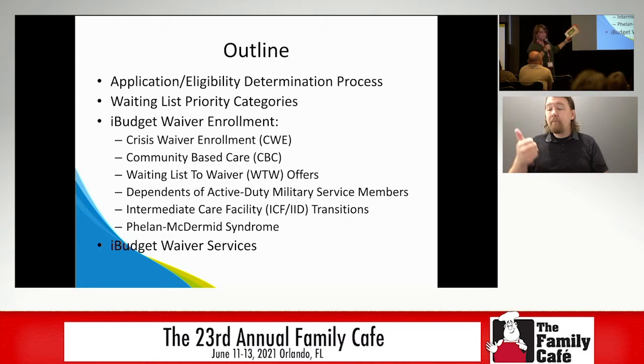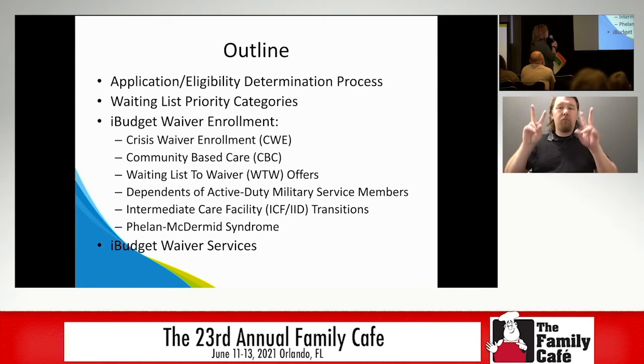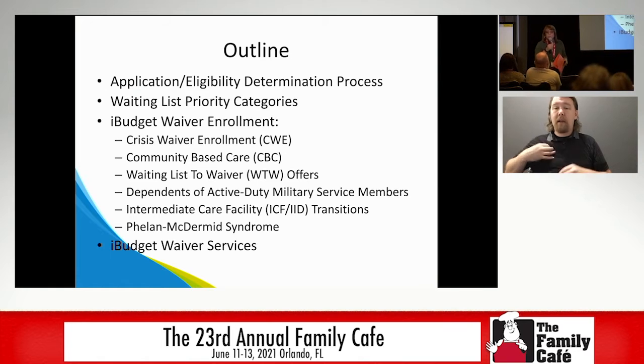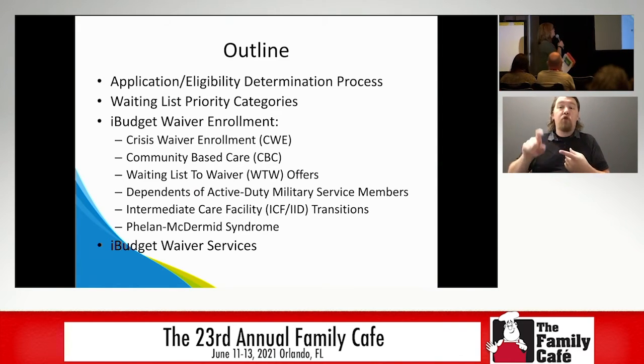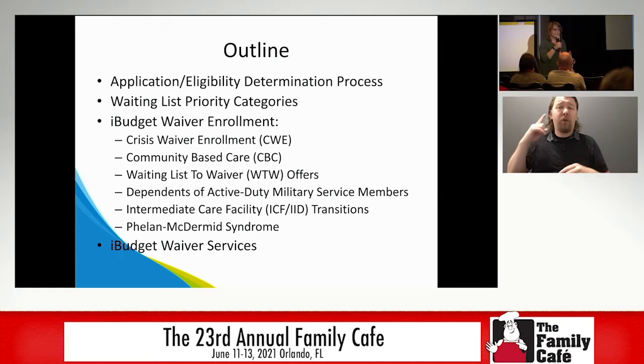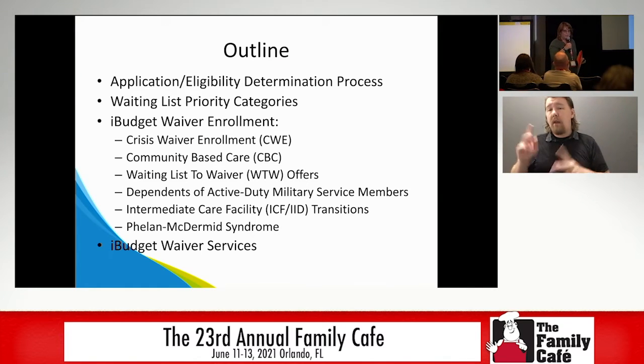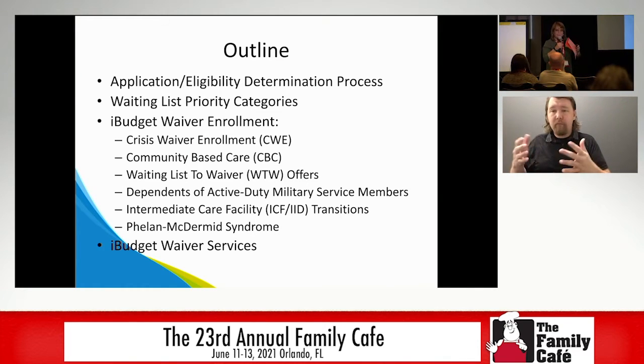These are the topics that we're going to discuss. The application eligibility determination process. I'm going to talk about the time frames and the requirements and how to submit an application and when you should submit an application. We're going to talk about something that I'm pretty sure you've already heard about, and others have talked about it in other sessions.